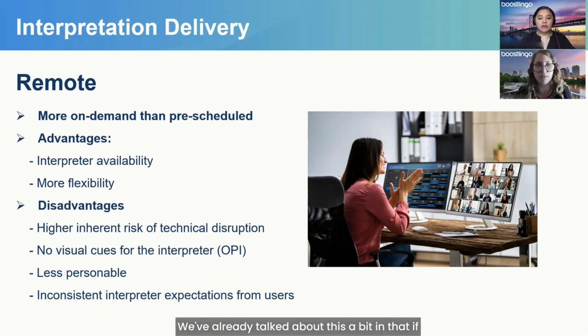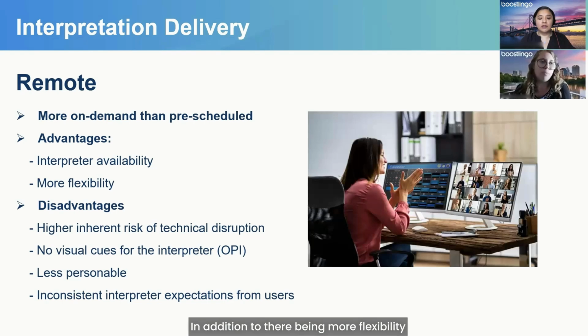We've already talked about this a bit, in that if you are limited geographically by the number of interpreters of the language pair you need that live within a certain radius of where you need them to be, that is a limitation that is removed when you have remote interpretation, because the interpreter can connect from literally anywhere around the world. So more interpreters available is a huge advantage.